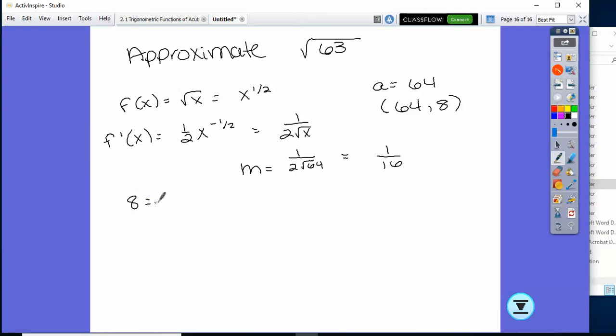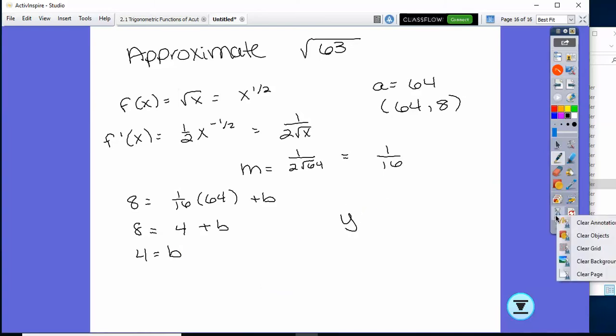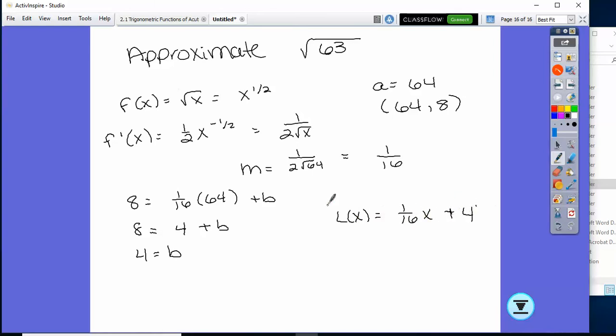So my y is 8, m is 1/16, x is 64. 64/16 would be 4. So our y-intercept is 4. So the equation is L of x equals 1/16 x plus 4. So if I just ask for the linear approximation, that's it.